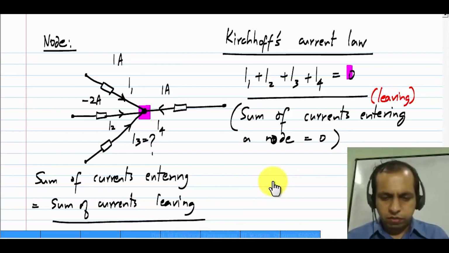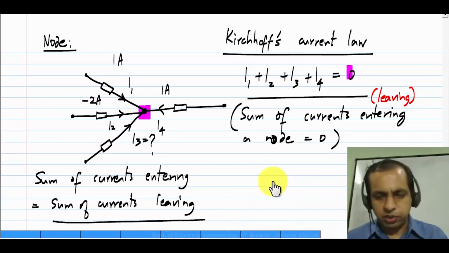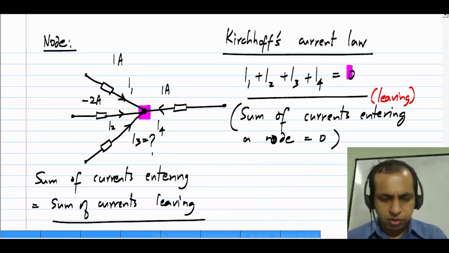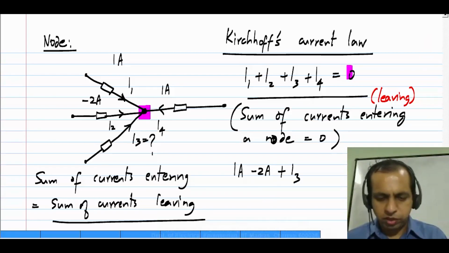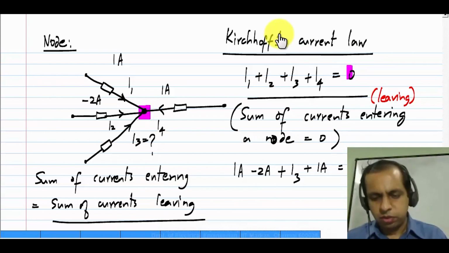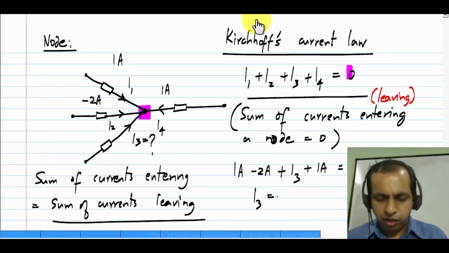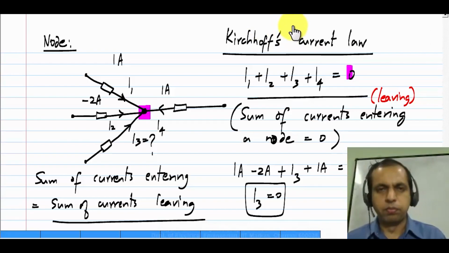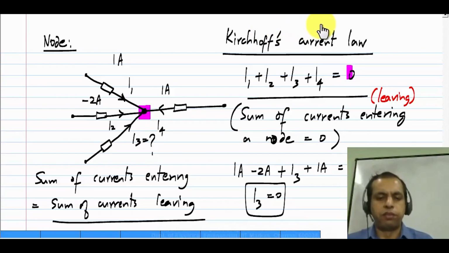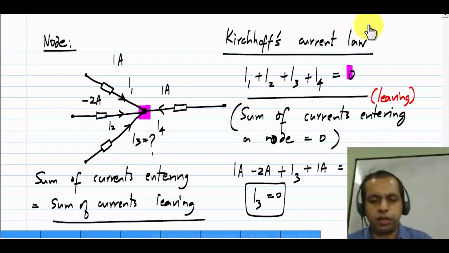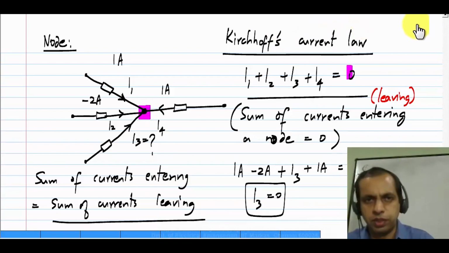We know that I1 plus I2 plus I3 plus I4 is 0. So that means that 1 ampere minus 2 ampere plus the unknown value of I3 plus 1 ampere equals 0. So this means that I3 has to be equal to 0. For different numerical values of I1, I2 and I4, you will get different values of I3.